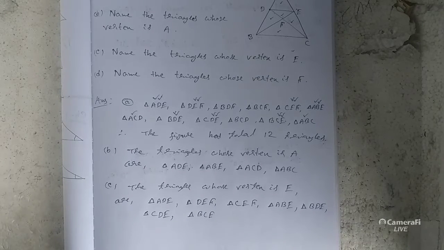So these are the triangles having vertex E.